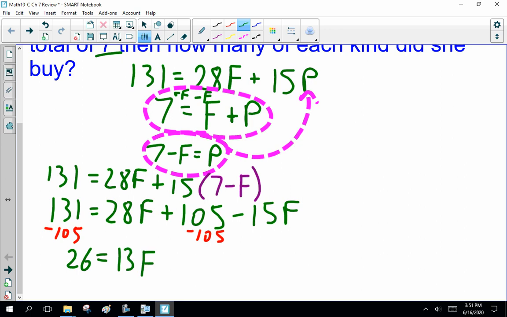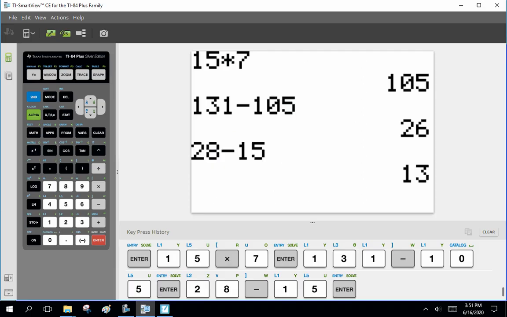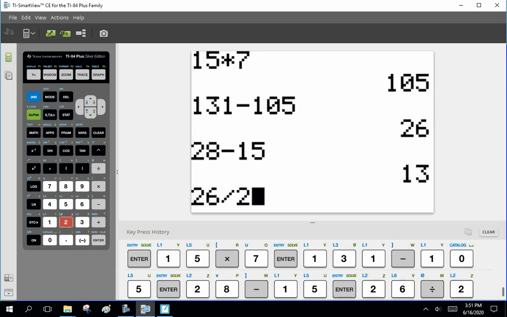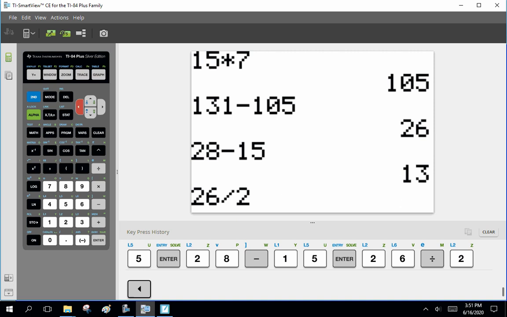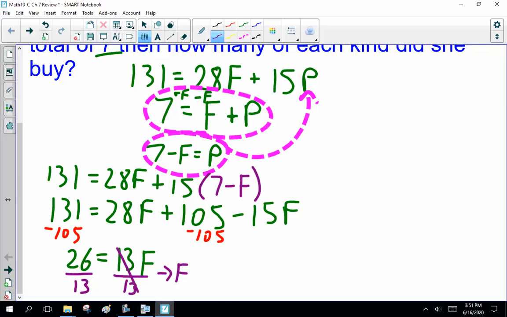So 26 equals 13f. How do I get rid of times 13? Divide by 13. So f is 26 divided by 13, which is 2. So 2 fancy shirts she bought.